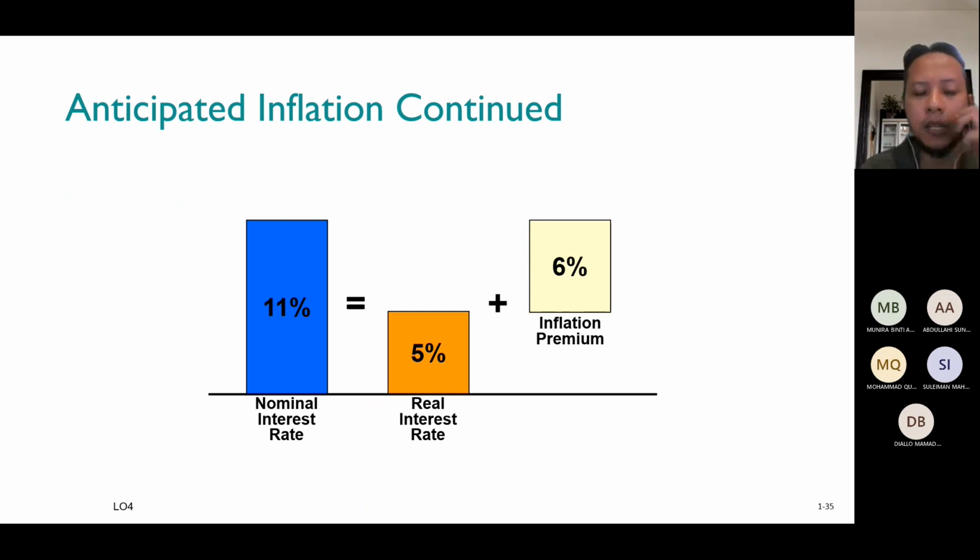So if they charge, for example, 11% interest, and they already consider that inflation later on will be 6%, effectively they only get a return of 5%, because the 6% has been cut off in terms of the value of money by the inflation. So this is the application in the financial industry.